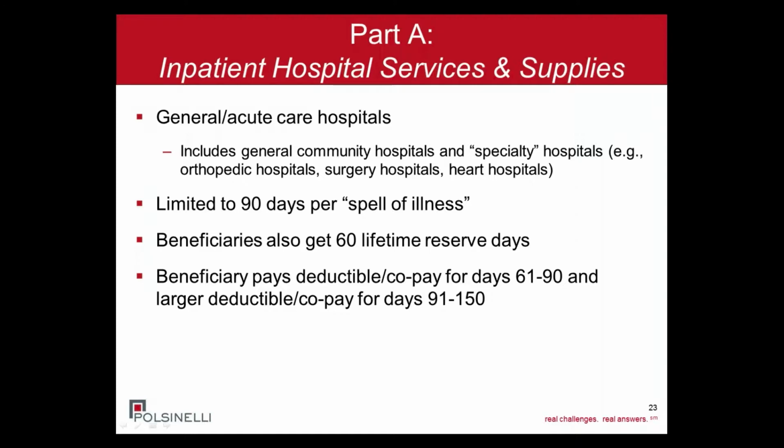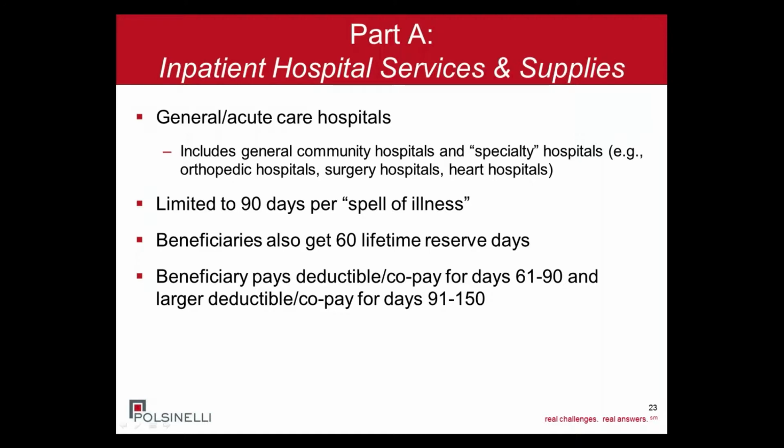Generally speaking, for inpatient hospital stays, patients are limited to 90 days of coverage, Part A coverage, per spell of illness, and that date starts on the date of inpatient hospital admission. And there are also 100 days of extended care available per spell of illness.